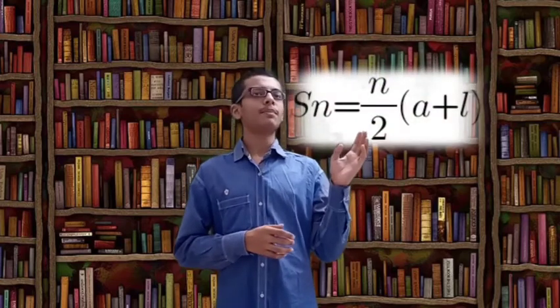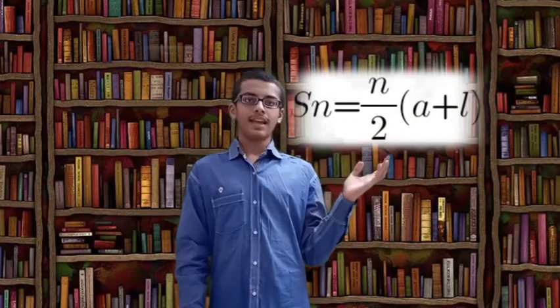Now here you could calculate all the books' thicknesses and then add them up. But isn't it very lengthy? Can you recognize a formula for it? Let's make it very simple. Remember the Sn formula, where Sn is equal to n upon 2 into (A plus L).